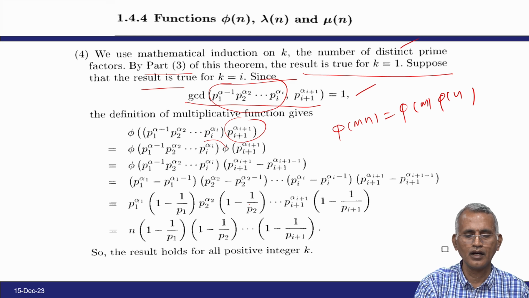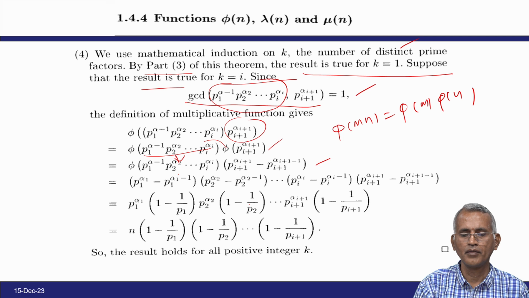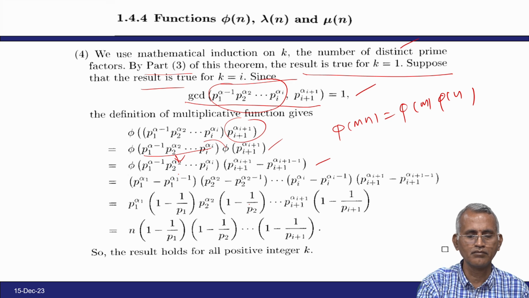Therefore, this is nothing but this term, and phi of p(i+1)^alpha(i+1) is p(i+1)^alpha(i+1) minus p(i+1)^(alpha(i+1) minus 1). So each term we can have like this, and then we can separate using the previous theorem.